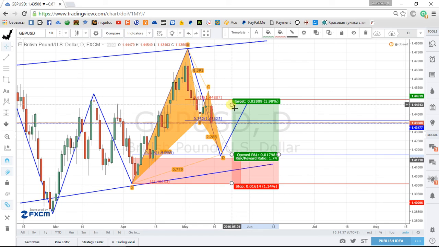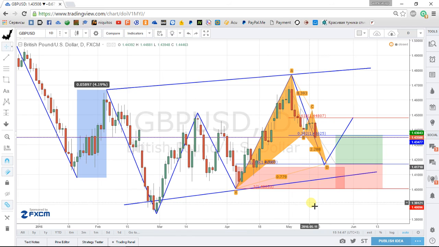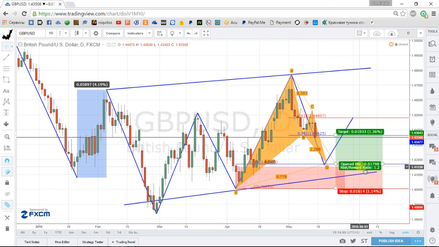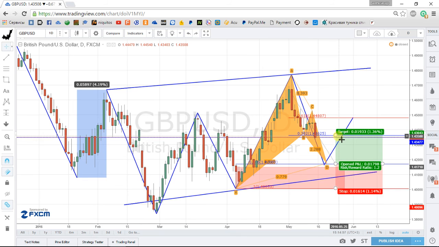At least here, 1.2, 1 point something. Okay, so that's it. That's my setup. If price goes to the downside, then I will be buying at 786, looking for a bounce to the upside to that target. So that's it. Having the risk to reward ratio 1.2.